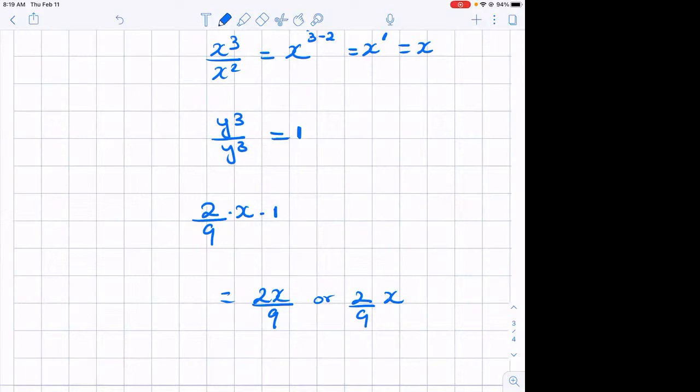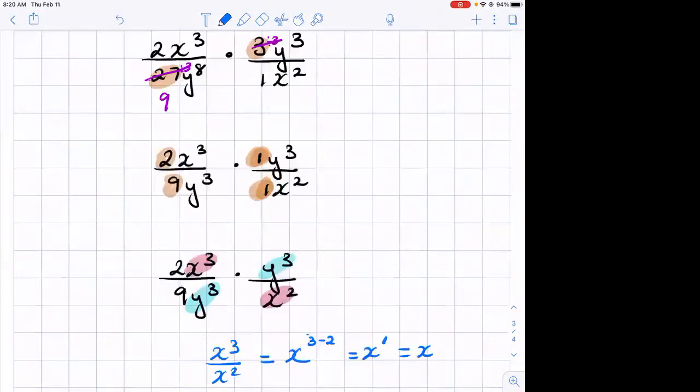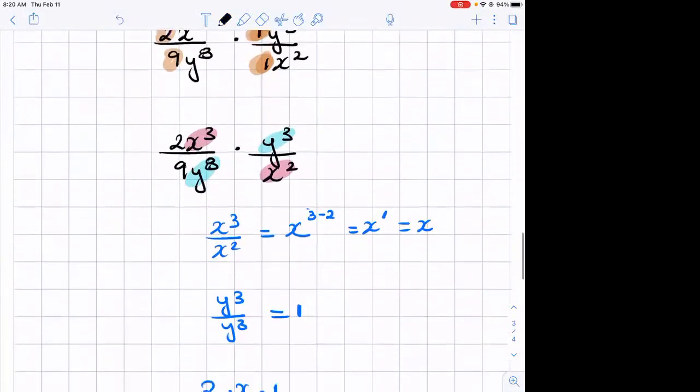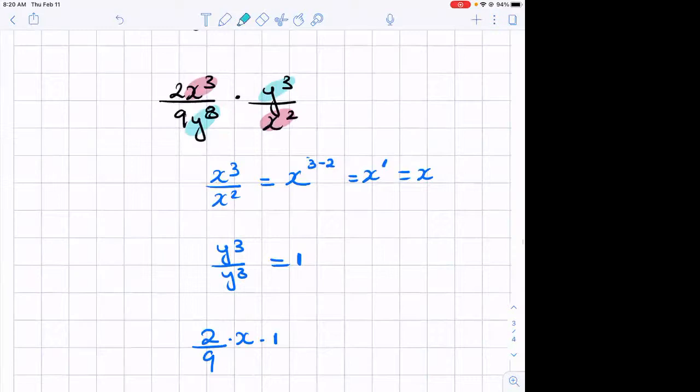Well, let's see if that is correct. I noticed that what I did here was y to the 8th, and here I wrote y to the 3rd. So this should have been y to the 8th.